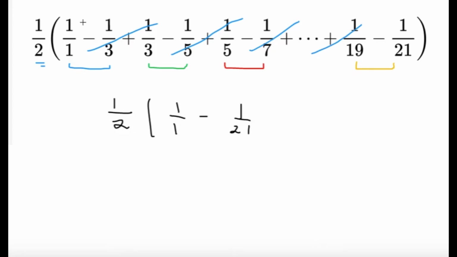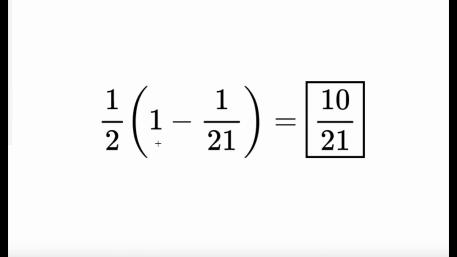So just take the first and last terms, because everything in between gets cancelled. All we have to do is evaluate this: 1/2 times 1 over 1, which is just 1, minus 1 over 21. We know that this part evaluates to 20 over 21. So 1/2 of 20 over 21, we get the final answer of 10 over 21.